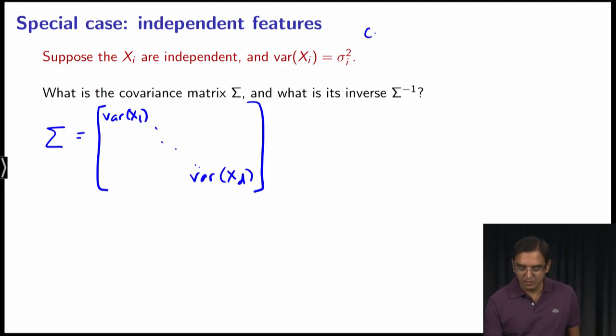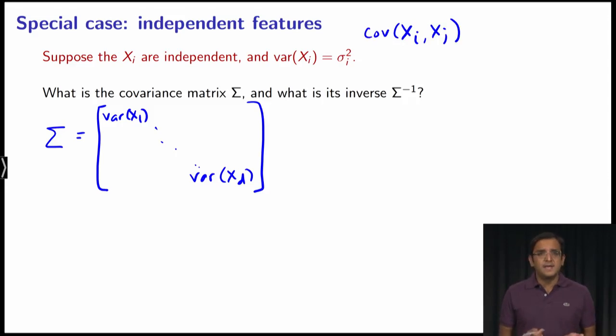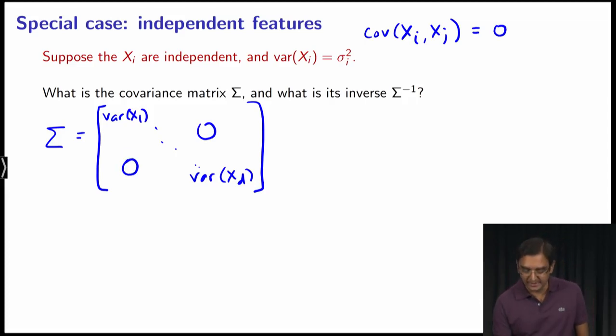So what is the covariance between x_i and x_j? Well, in this case, the features are all independent of each other, so they're uncorrelated, which means that their covariance is 0. So the off-diagonal elements are all 0. The covariance matrix is a diagonal matrix.